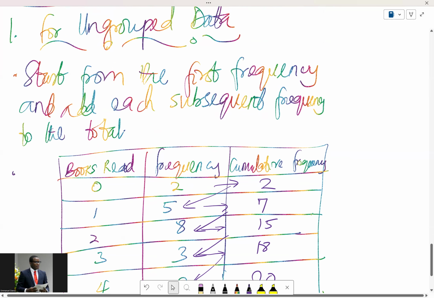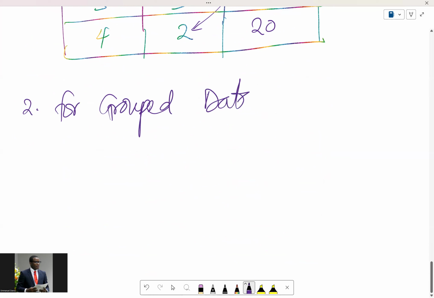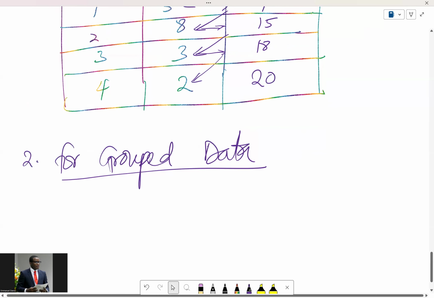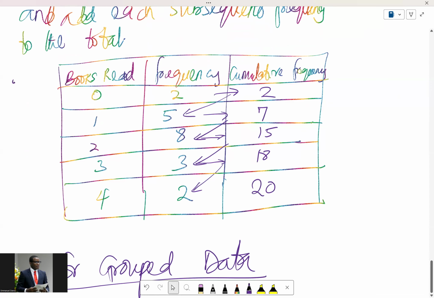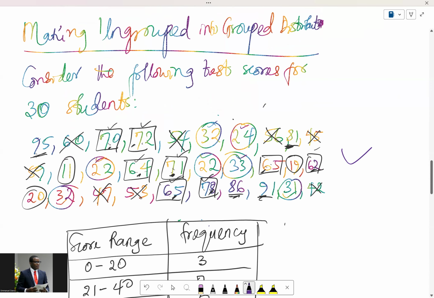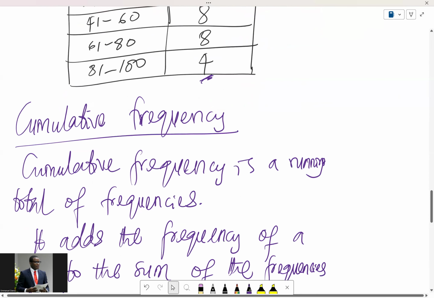Then number 2, for grouped data, it's basically the same thing. Now that helps us to know if this 20 does not tally. For instance, when I was transforming from ungrouped data to grouped data over here, we had 30 students, right? If the final cumulative frequency does not tally, then it means something is wrong, so you have to check.